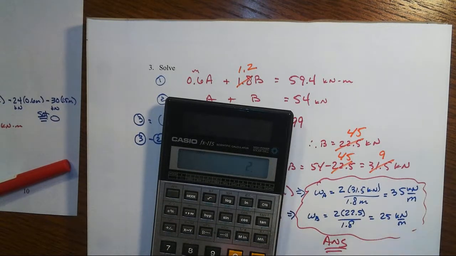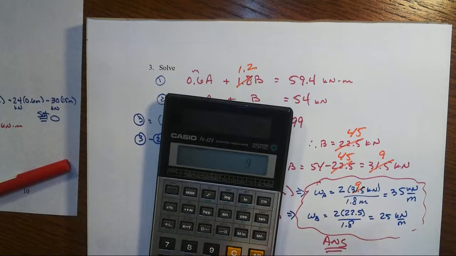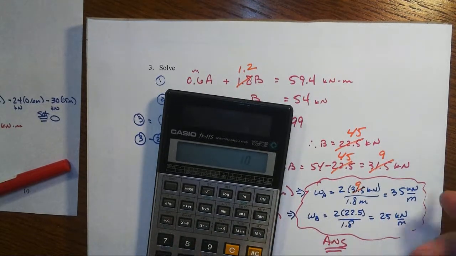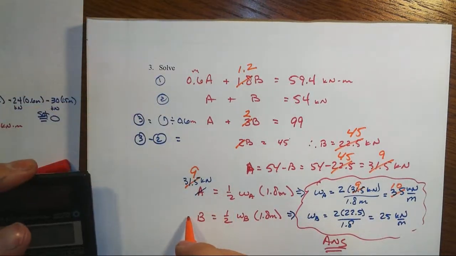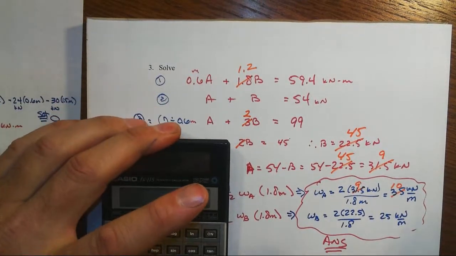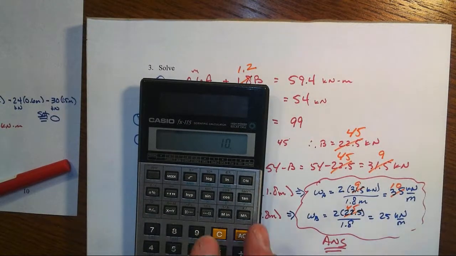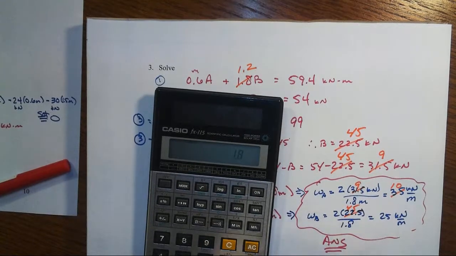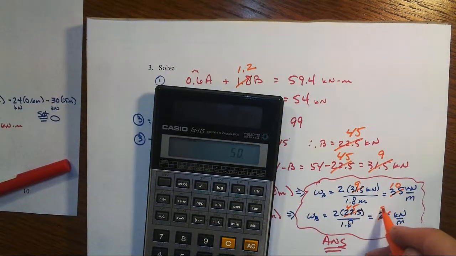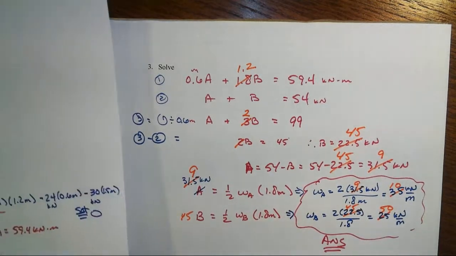Times 9 divided by 1.8. That changes that to 10. And of course, this is now 45. So 2 times 45 divided by 1.8 is 50. And that's a lot more what I would have expected.